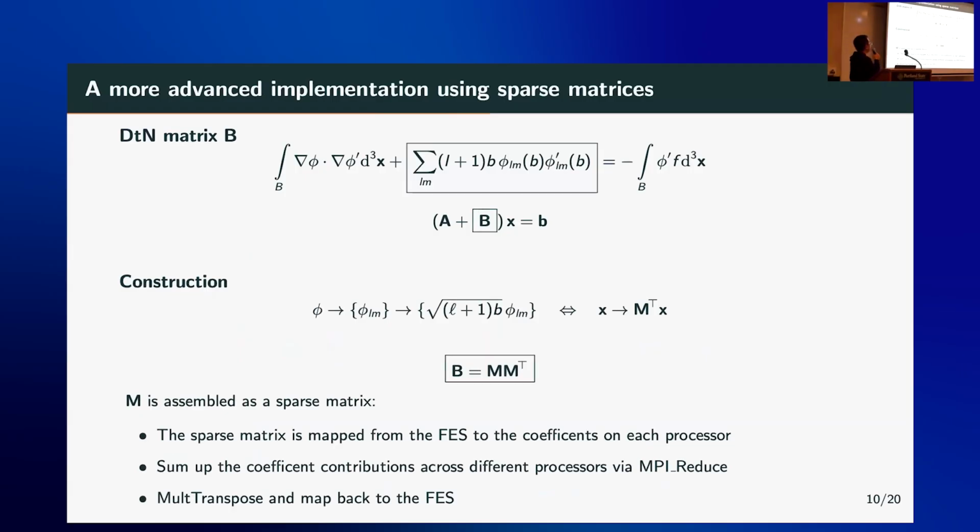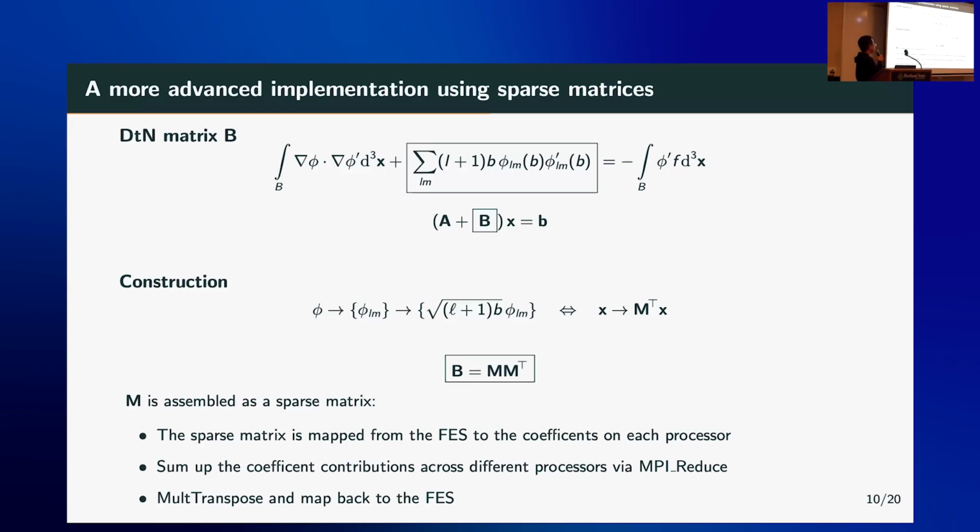There's also a better version, in that B can be represented by a product of sparse matrices. The idea is that we first project the solution from the FE space to coefficient space on each processor.